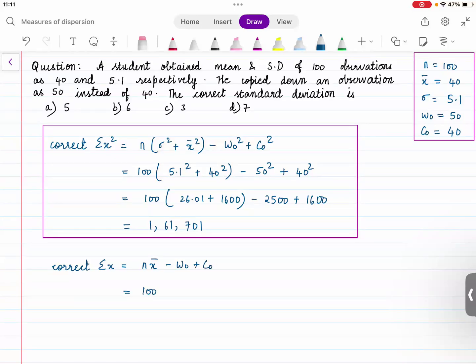So what is n? 100. What is x bar? 40. Minus wrong observation is 50 plus correct observation is 40. So do 4000 minus 50 plus 40. Are you getting 3990? So thus we have calculated the correct value of summation x also.